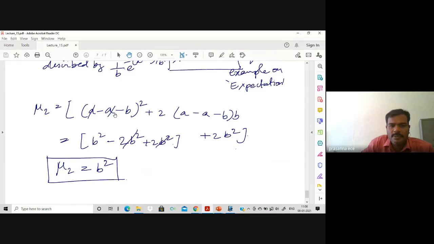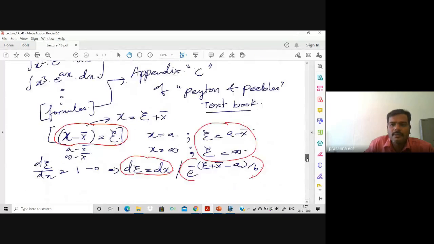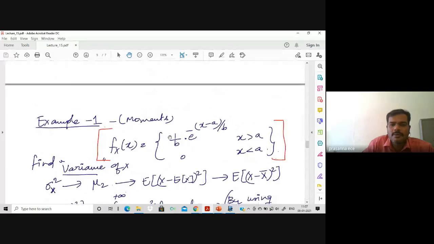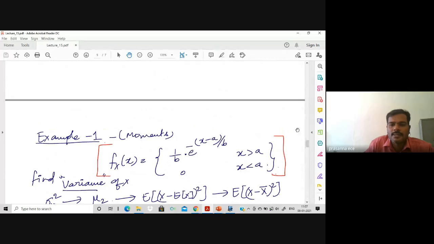We used a plus b wherever x bar occurs and were able to cancel out a lot of constants. So mu2 equals b square. That means the variance of an exponential density is nothing but b square, where b is the constant in the exponential density function, 1 by b into e power minus (x minus a) divided by b.